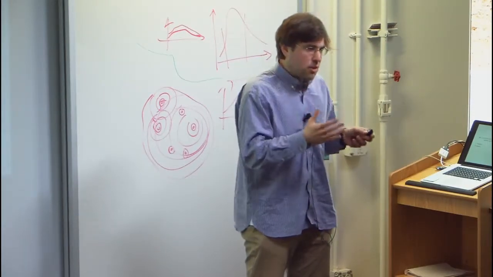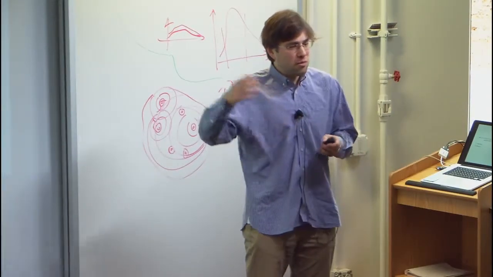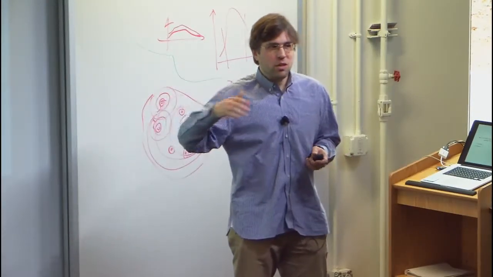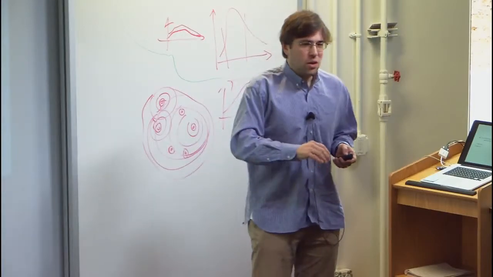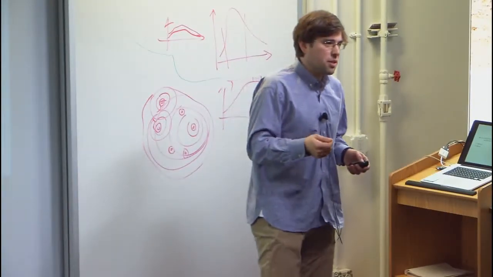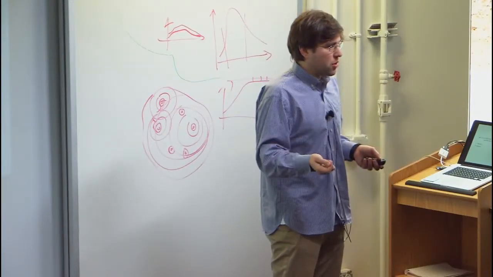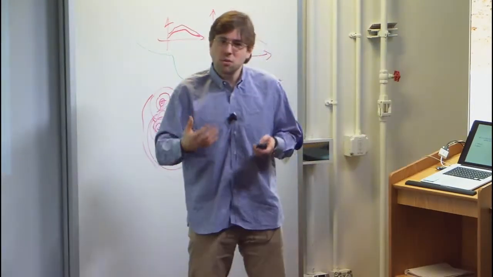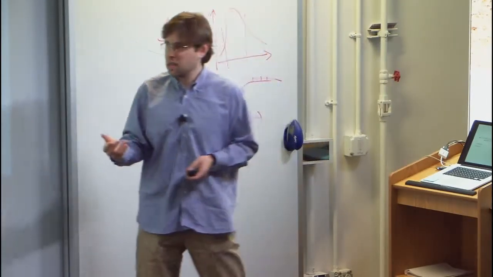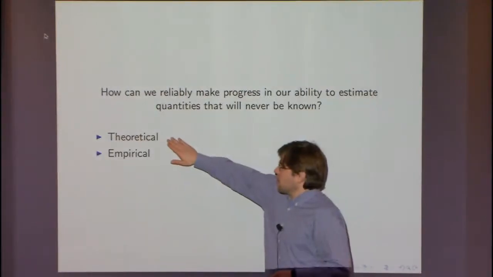Because even to make a clear statement like, if X, Y, and Z are true, you often have to assume other things, A, B, and C, which are definitely not true. So that statement is of limited value. Another reason that statement is of limited value is because it's often hard to know if X, Y, and Z are true. Because when these populations are hidden, we really do not know that much about them. It's very hard to reliably measure any of these things. So I'm not very optimistic about this theoretical approach.